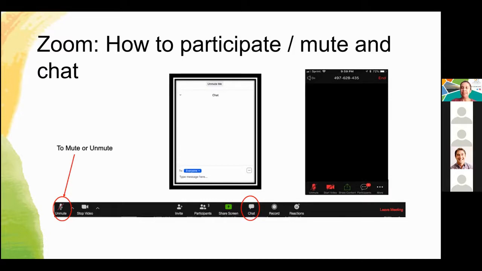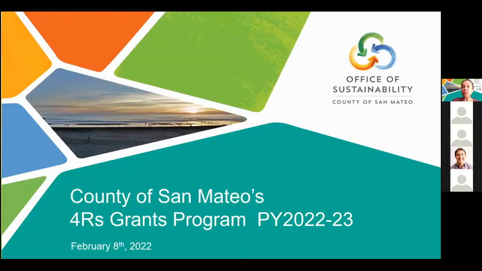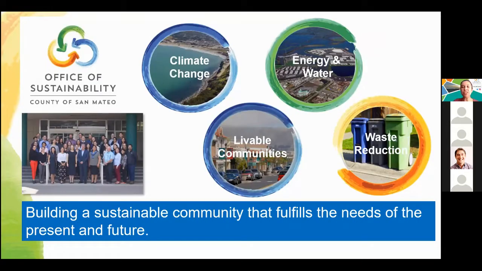Thanks for joining us to learn more about the upcoming 4Rs Grants Program. First, a brief introduction. The 4Rs Grants Program is one of many programs that comes from the Office of Sustainability, also known as OOS.